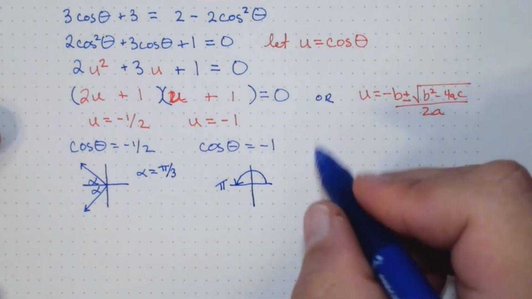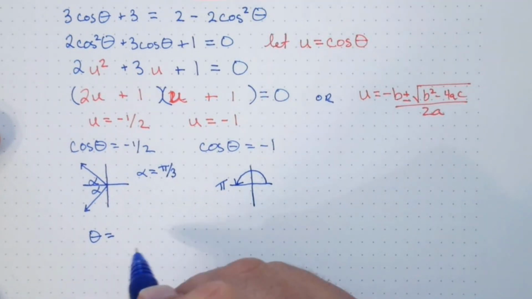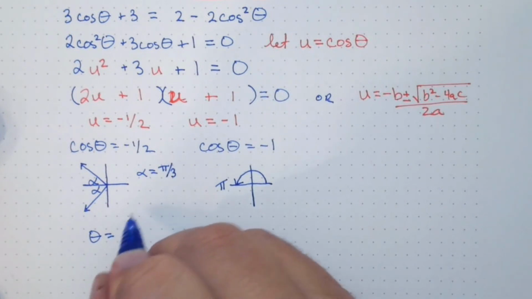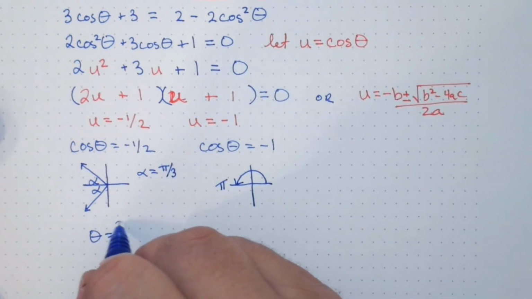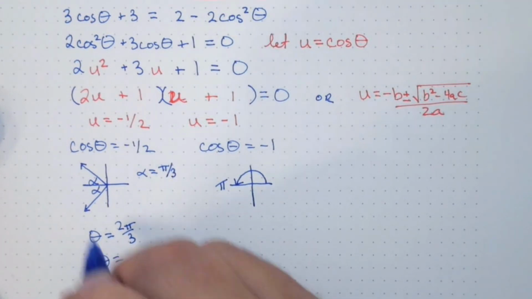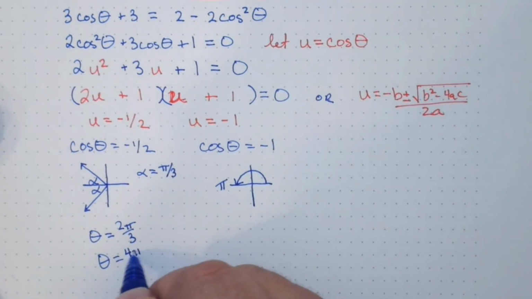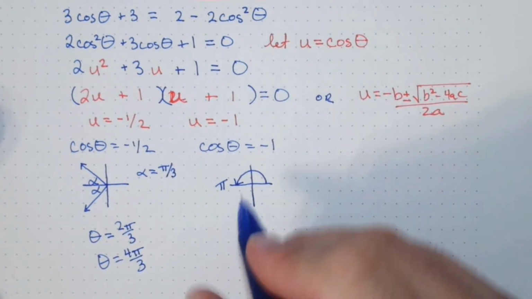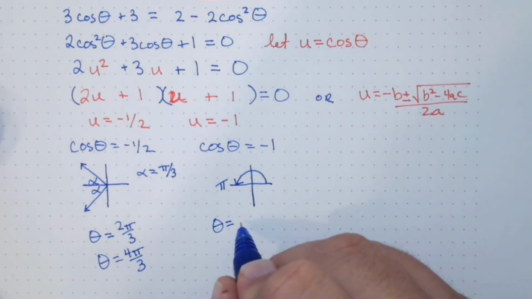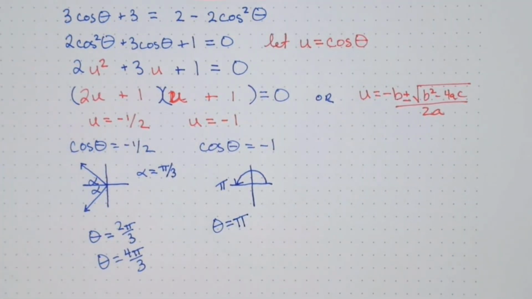So what does that tell me? That tells me that theta has to be equal to an angle in the second quadrant here, which would be 2 pi over 3, right? Or theta has to equal an angle in the third quadrant, which would be 4 pi over 3. But for this one, theta would need to equal pi.